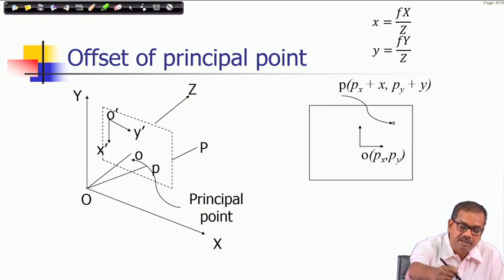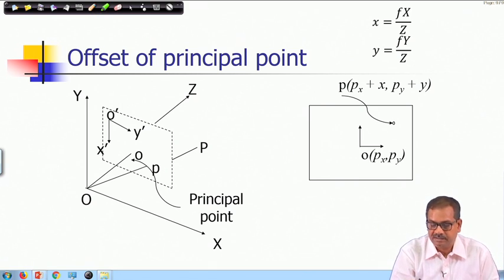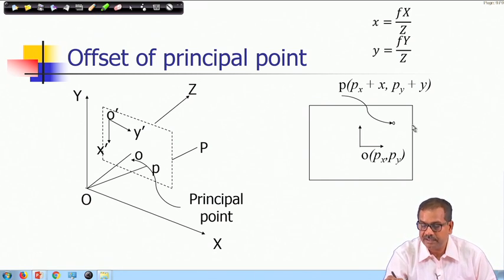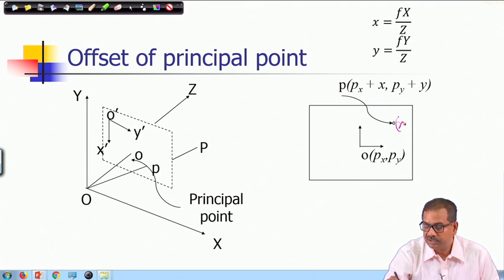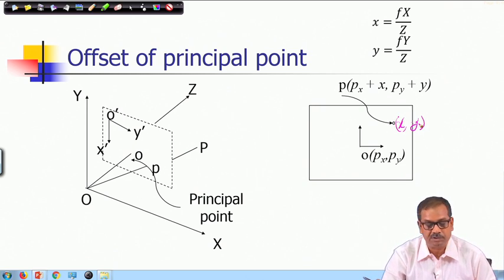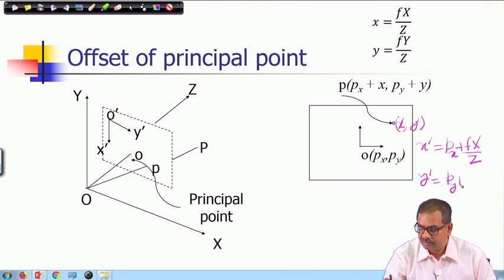So, in this case, if I consider this is the new coordinate system, say this is x prime, y prime, under this transformation or translation of the origin, then x prime can be written as Px plus f x by z and y prime is Py plus f y by z.